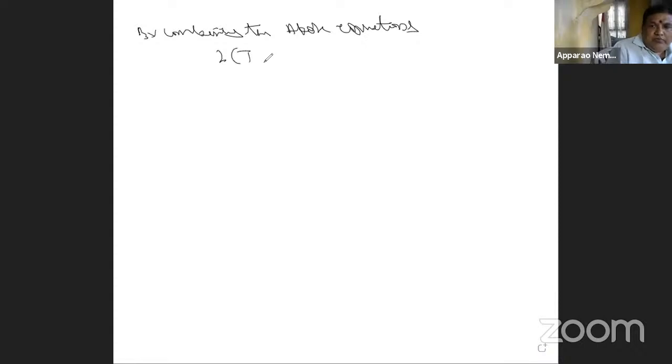Now clear the canvas. By combining the above two equations, 2 T of x comma y, that equal to 0 for all x comma y belongs to Hilbert space.